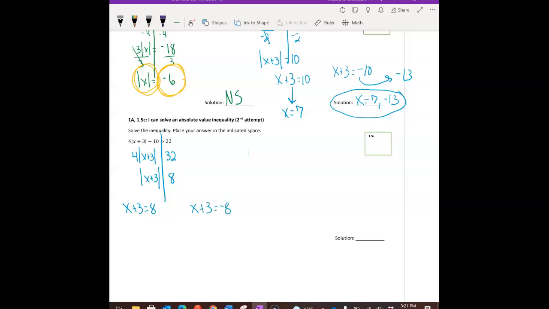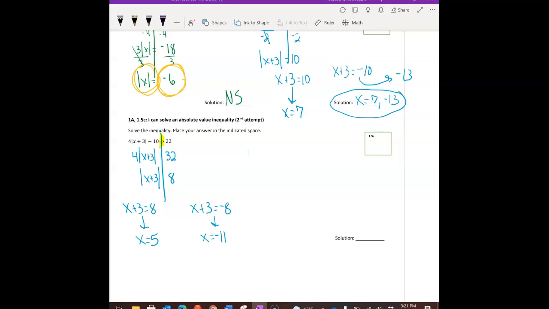Notice the x plus 3 stays the same in both equations. When I subtract 3 in this equation, I get 5, and when I subtract 3 in this equation, I get -11. Now this problem has an alligator, so we will need to see if the alligator's happy.